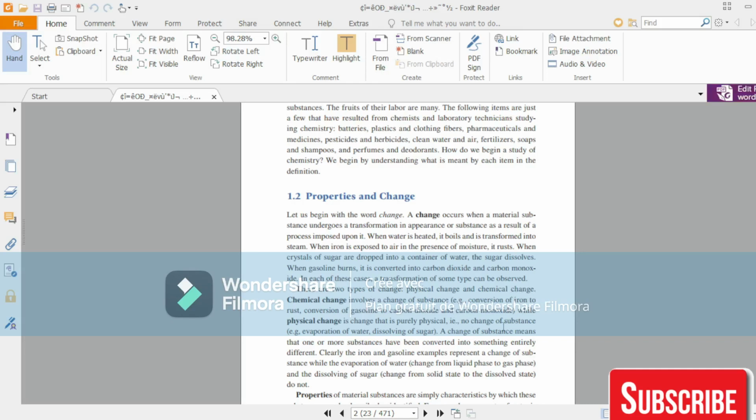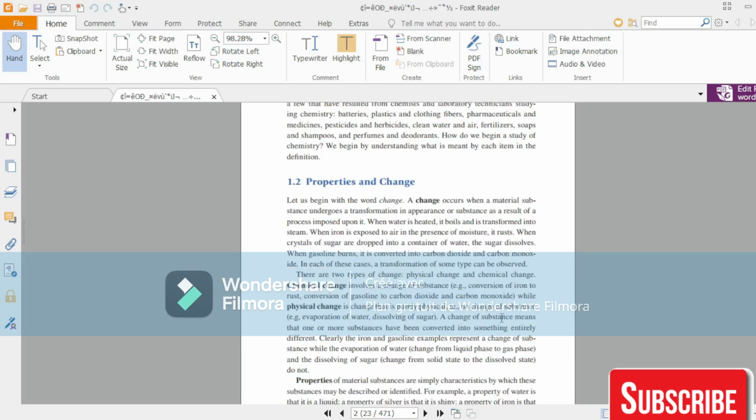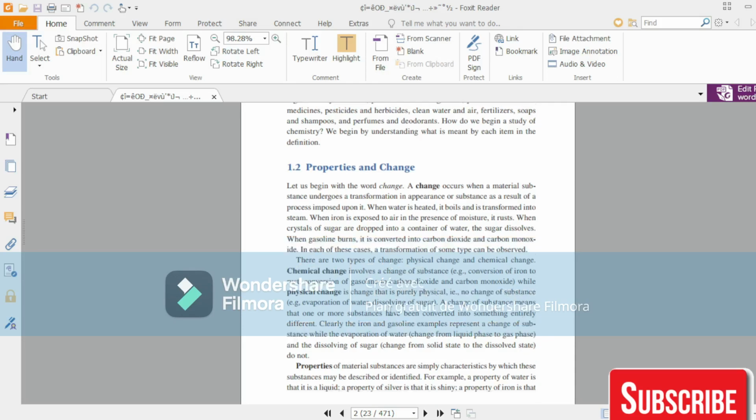There are two types of change: physical change and chemical change. Chemical change involves a change of some substance, for example, conversion of iron to rust, conversion of gasoline to carbon dioxide and carbon monoxide, while physical change is purely physical, with no change of substance.